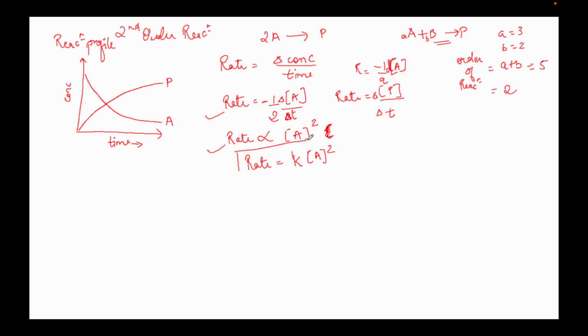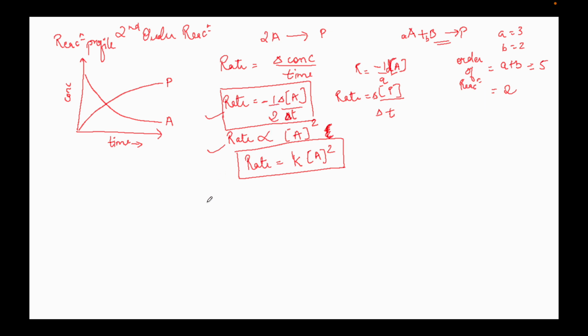So we now have 2 rate terms, this, and we have this rate term, okay, with us. So now in the question they have asked us to plot a linear plot.